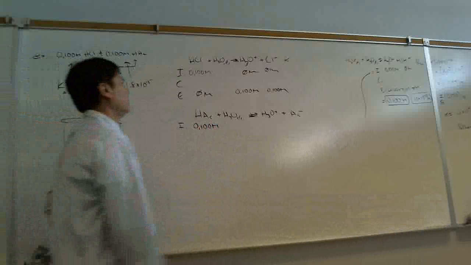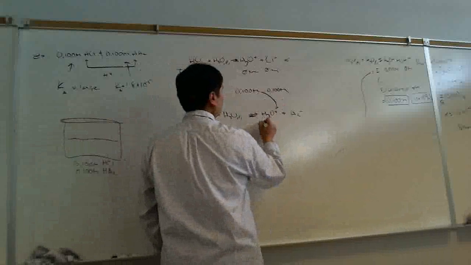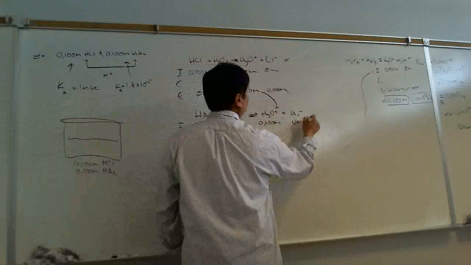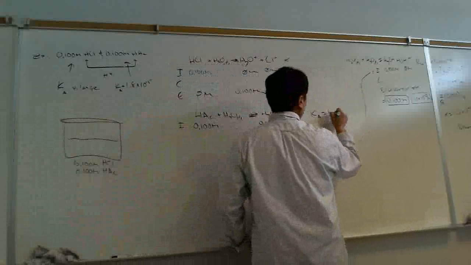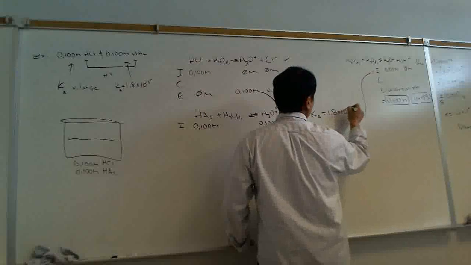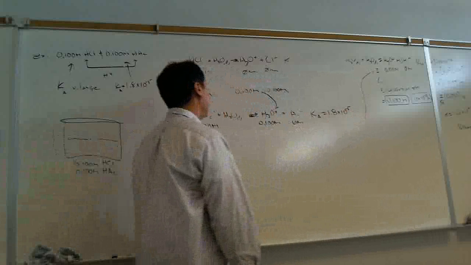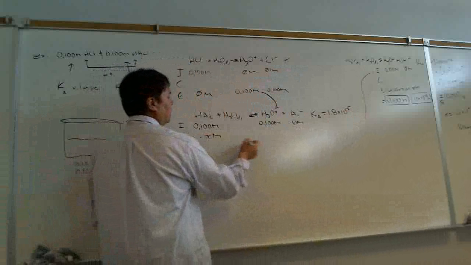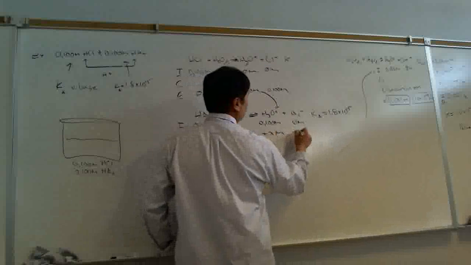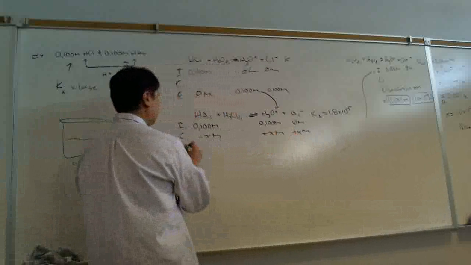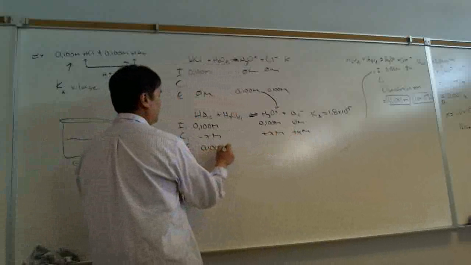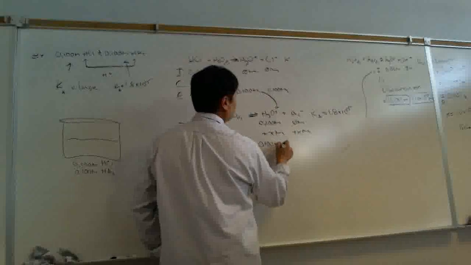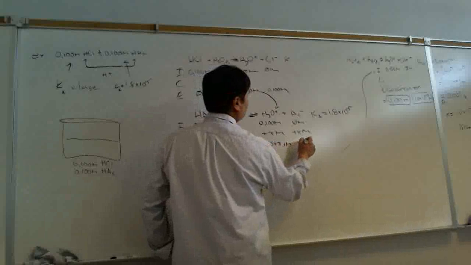Yeah, 0.100 molar. Just carry it down. What's the initial acetate? 0. Now Ka is 1.8 times 10 to the minus 5, which means it's not so big, because the change is definitely not going to be complete. So we're going to get minus X molar, plus X molar, plus X molar. And so at equilibrium, we expect 0.100 minus X molar, 0.100 plus X molar, and X molar.